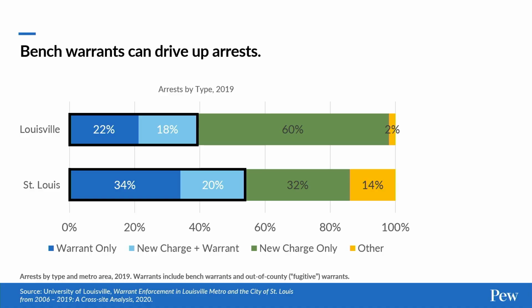But we don't know to what extent those additional charges were also stemming from the same missed appearance that caused the bench warrant. But even so, if we're just talking about the dark blue, in Louisville, you've got about 1/5 of all arrests coming from missed appearances in 2019. In St. Louis, over 1/3 of all arrests coming from missed appearances.